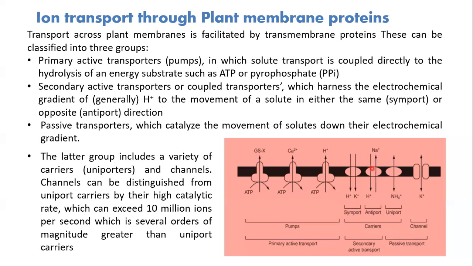But there can also be an antiport. For example, if the proton gradient is developed outside the cell membrane, protons can be transported with sodium in the form of antiport, because the plant needs to expel sodium from inside to the outside.